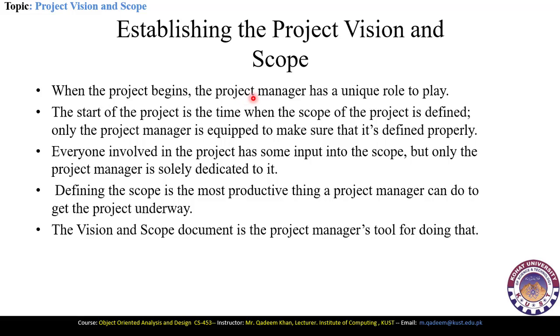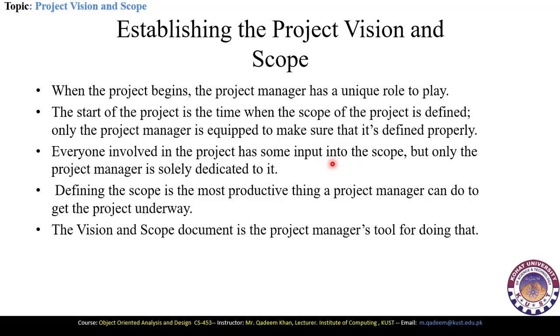Only experienced project managers can define the scope of the project properly. By the scope of the project we mean what is the domain of the project, what are the different features in the project, and what is the business value of this project. Here, every stakeholder is responsible to define the scope, and from every stakeholder the project manager takes input into the scope.